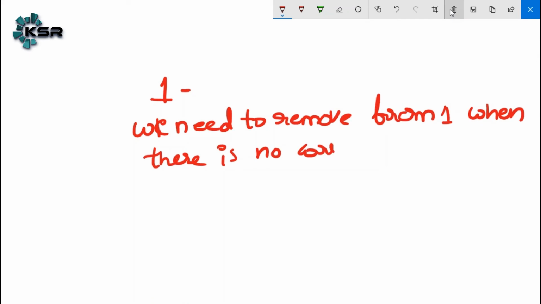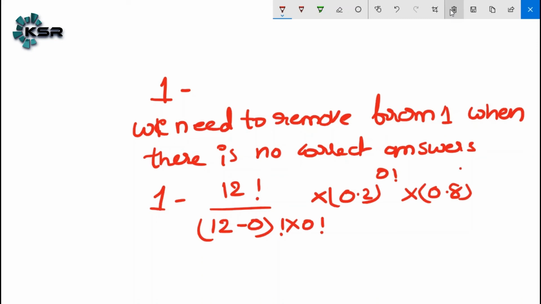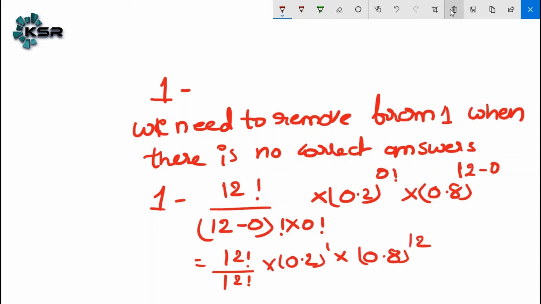So 1 minus 12 factorial divided by 12 factorial times 0 factorial, times p to the power of 0, times 0.8 to the power of 12 minus 0.